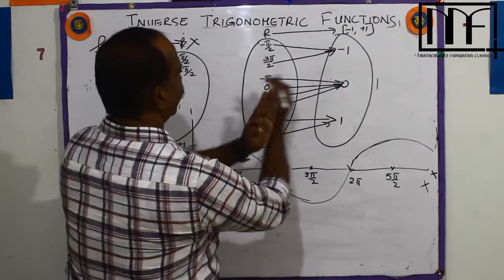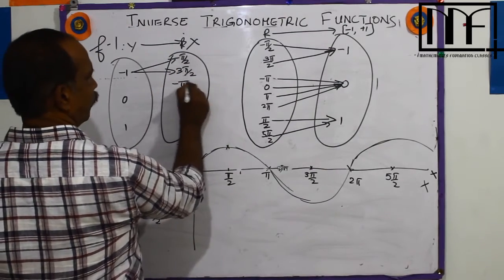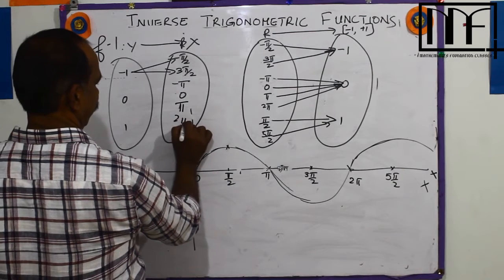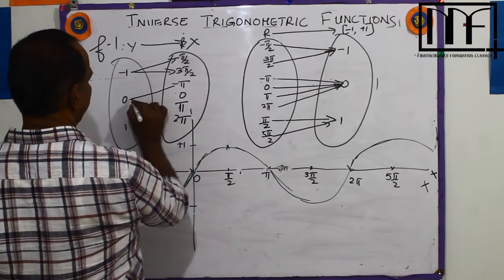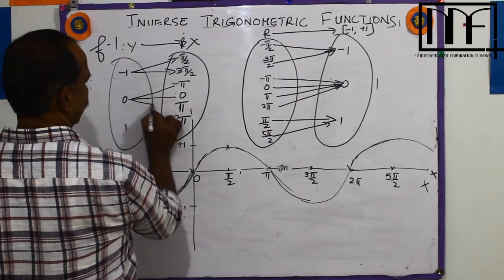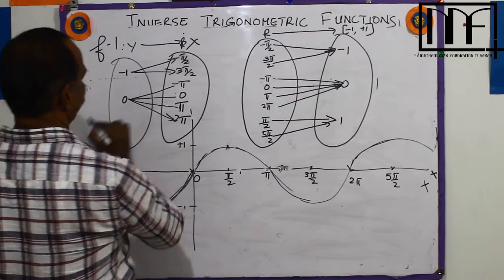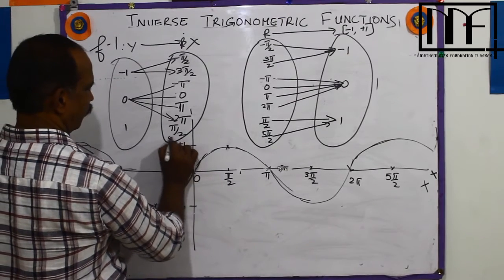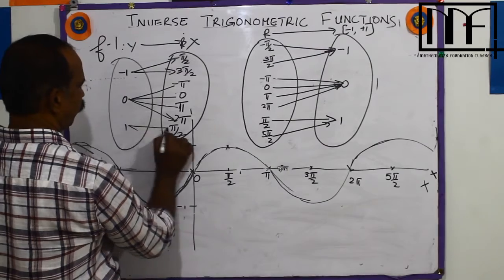And again 0. If you switch the domain and codomain, negative pi, 0, pi, 2 pi are all images of the value 0. Similarly, pi by 2, 5 pi by 2 are images of 1.